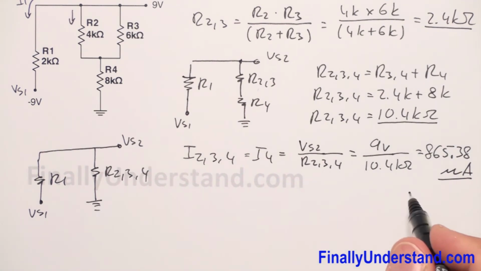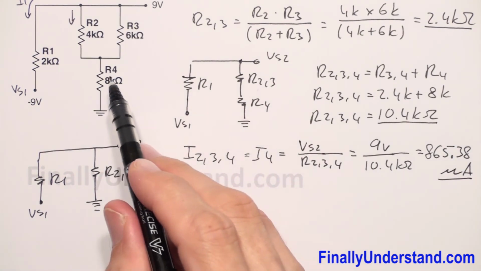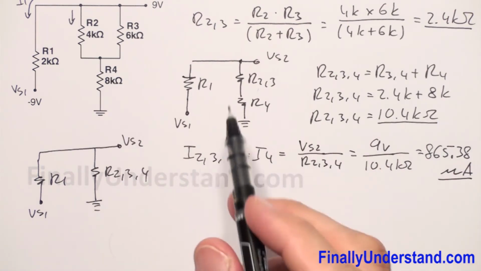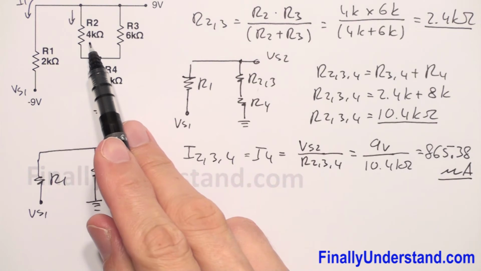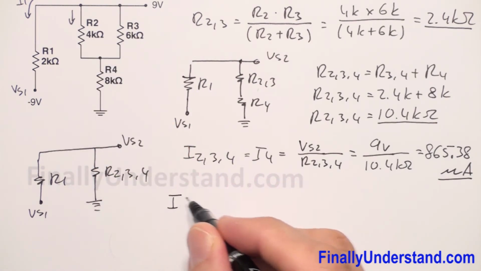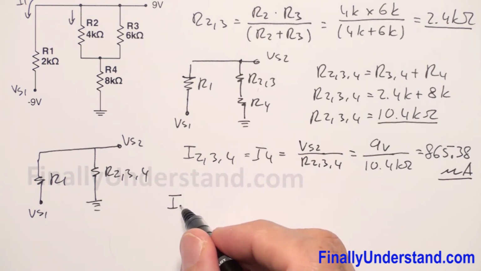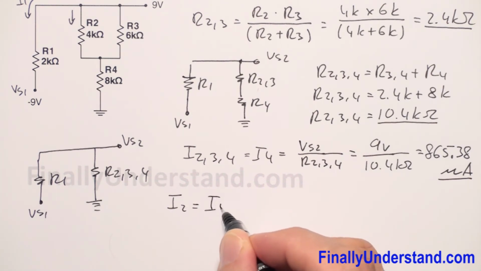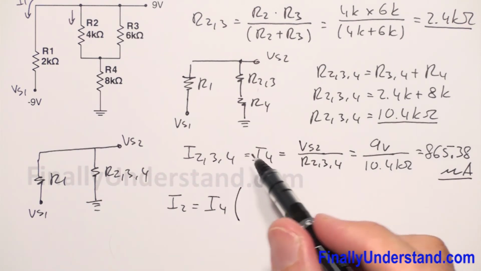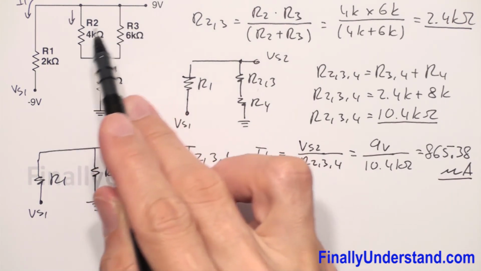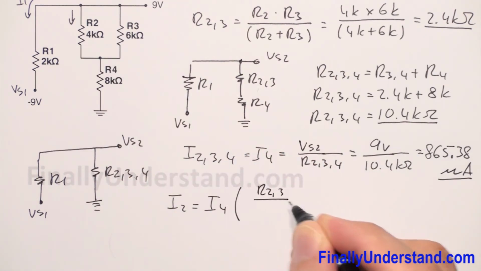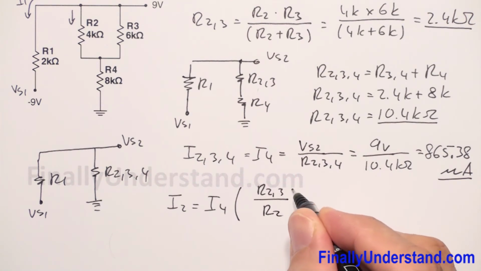Now, if I have I4, or I234, I can find I2 using the current divider formula. So I can say that I2 is equal to I4 times the equivalent resistance for these two, R23, over R2.